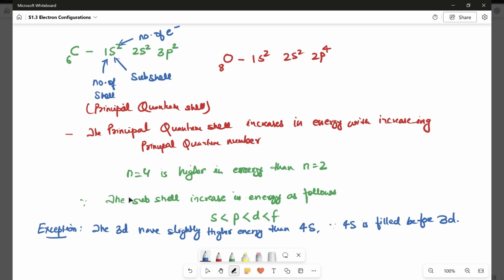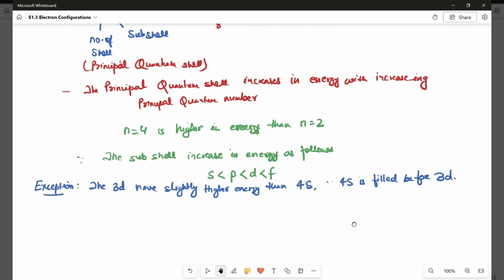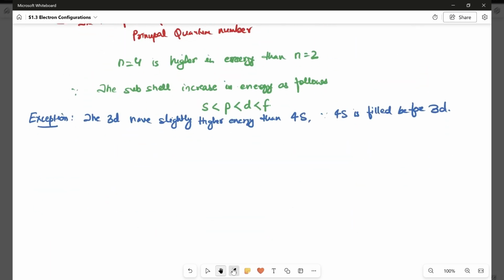So as we have seen, each shell has subshells, right? So let's check in a tabulated form how these shells are.